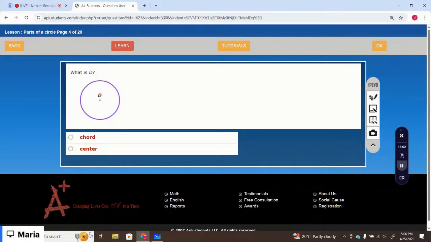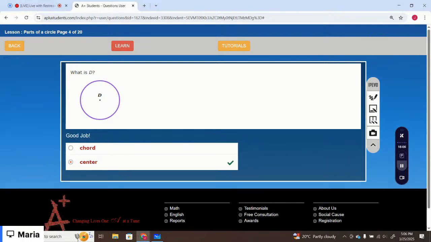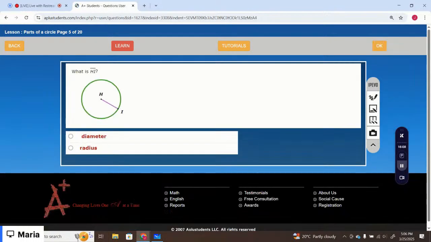What is D? D is the center of the circle. Option number two is the correct option. What is HI?